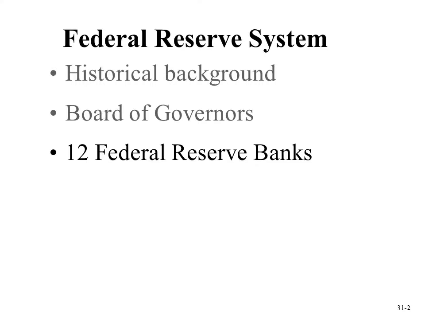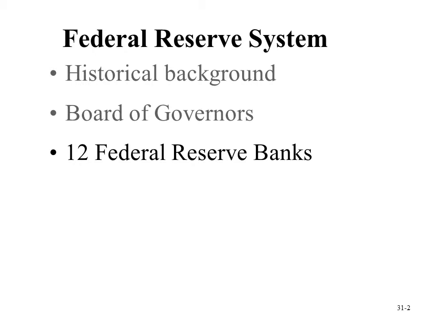Underneath the Board of Governors, you have the 12 Federal Reserve banks. The United States does not have one central bank. Instead, we have a Federal Reserve System. So 12 reserve banks. We'll see a map on the next slide of the location of these reserve banks.